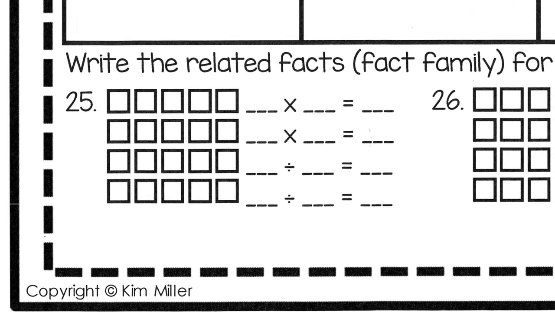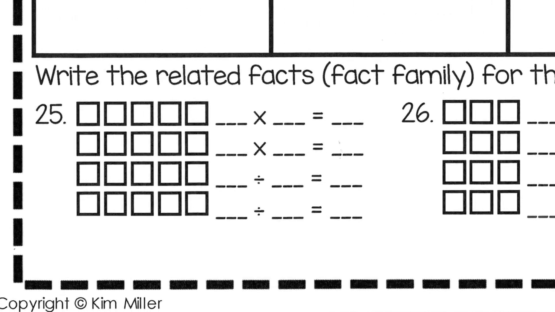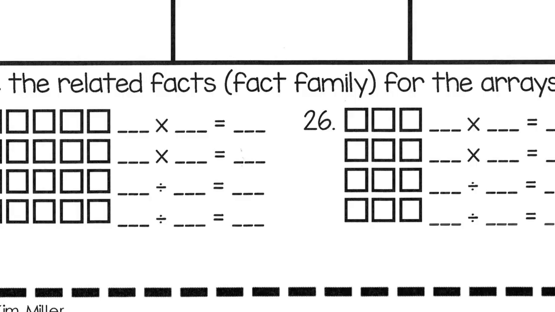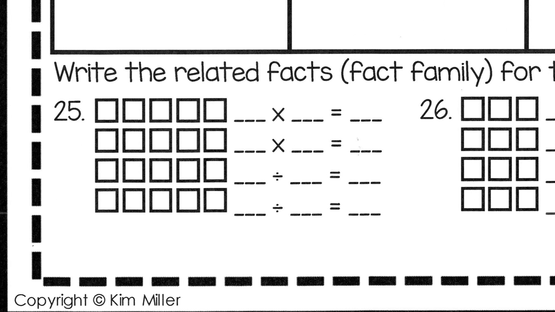All right, then we have some math facts for the arrays that you see. I'm going to help you with the first one, just so you can see that you can do 2 multiplication and 2 division problems. So if I were to count the rows, it looks like I have 4 rows.